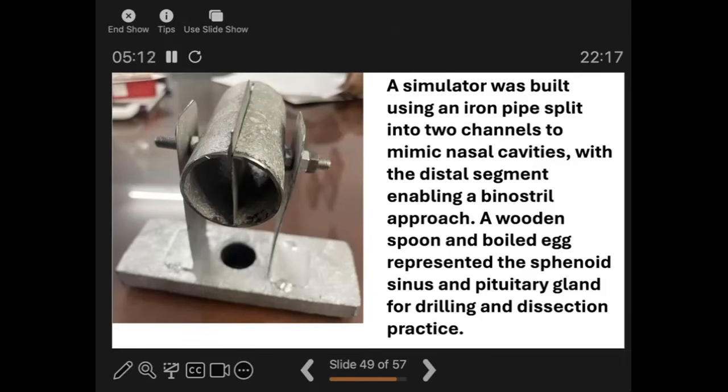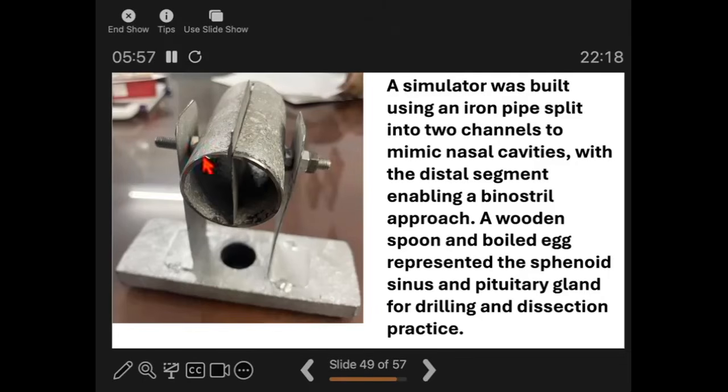A straight plate is inserted through the cut end to divide the pipe into two channels, simulating the right and the left nasal cavity. The single portion allowed a bimanual approach. A wooden spoon with a boiled egg was positioned just beyond the distal pipe to mimic the pituitary gland, providing a setup for drilling and dissection.